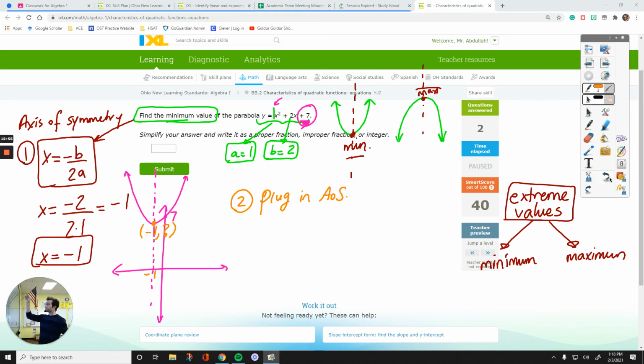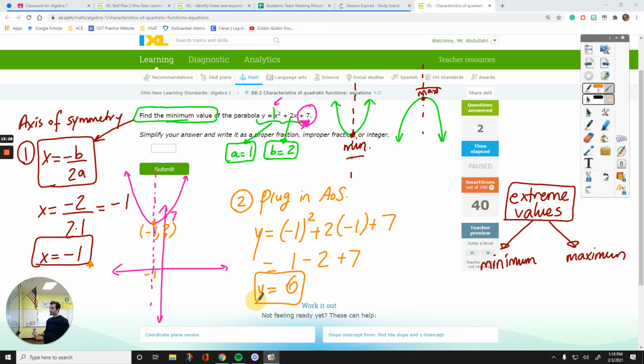Okay, so let's just rewrite the whole equation. y equals, I'm dropping down the equation at the top. y equals x squared, that's my x value, negative 1 squared. I'm plugging in the axis of symmetry. This is what I'm plugging in for x. Plus 2 times the axis of symmetry plus 7. So this negative 1 squared is positive 1 minus 2 plus 7. So that equals positive 6.